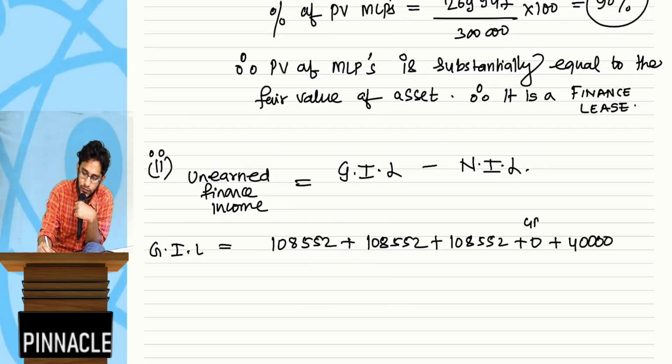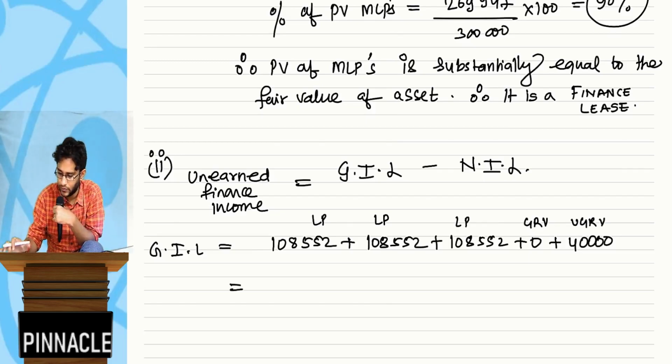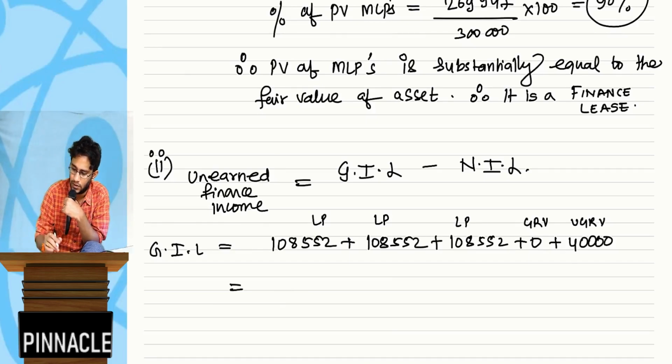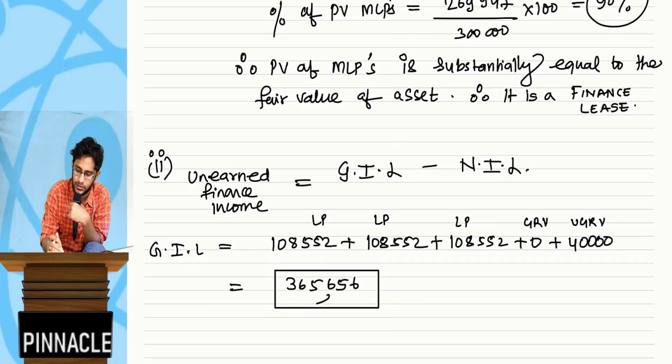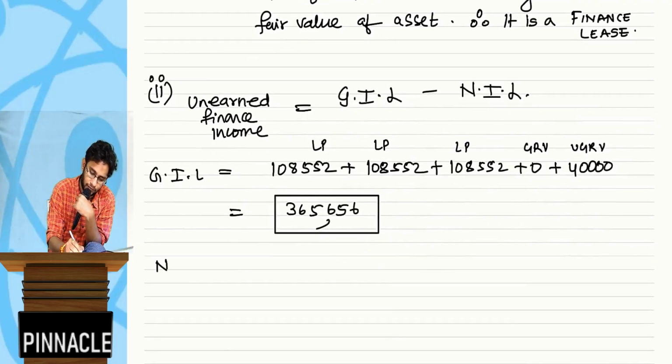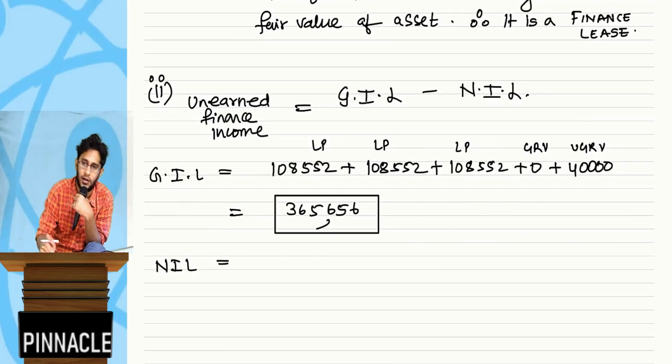What is 0? GRV, the guaranteed residual value. These are your lease payments or lease receipts, either way you call it. 108,552 into 3 plus 40,000 comes to 365,656. Do you agree that in this interest income is there? Yes.